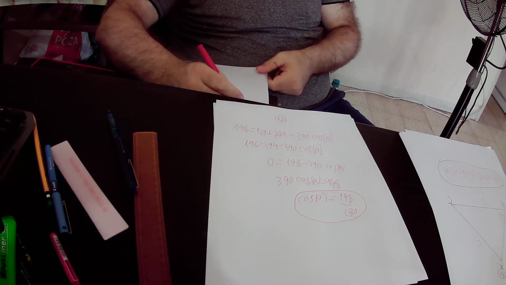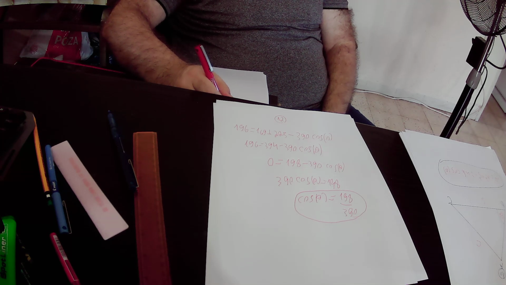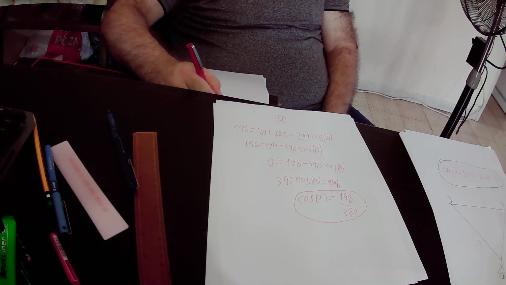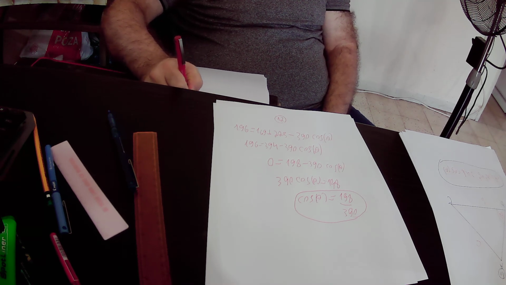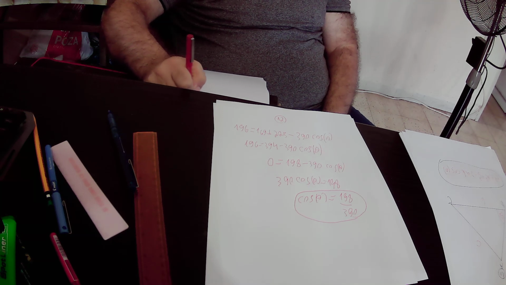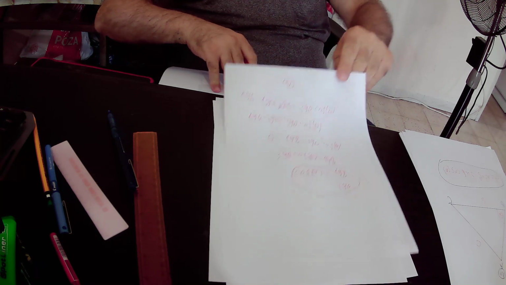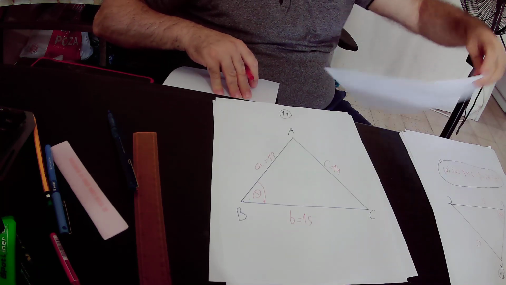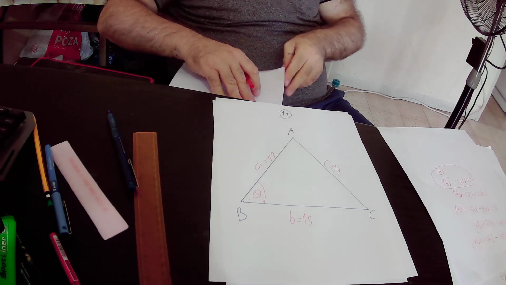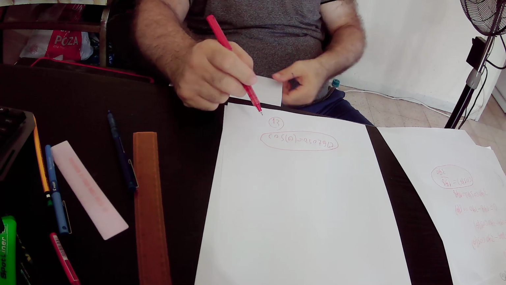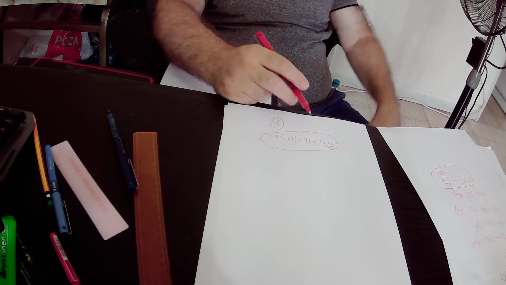It equals 198 over 390, and it is actually equal to 0.507962. So cosine theta equals 0.507962.